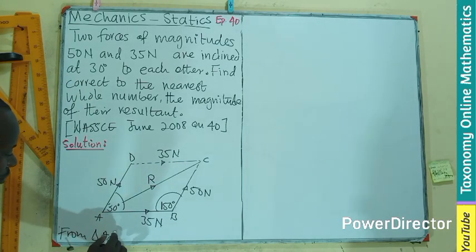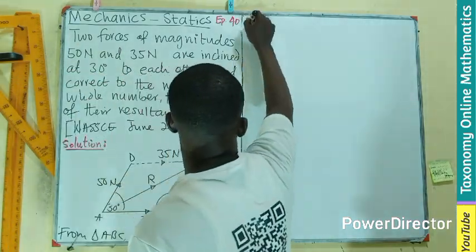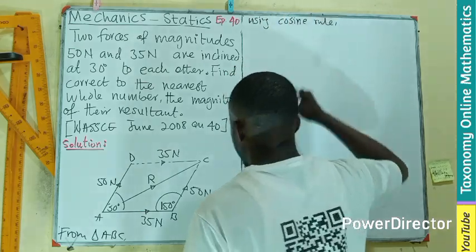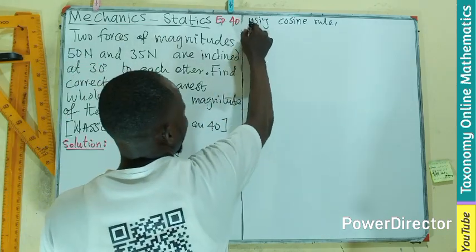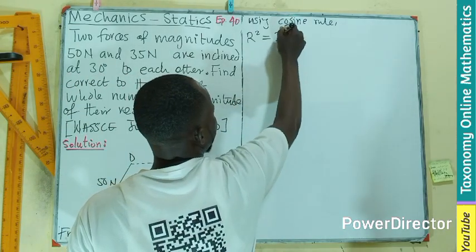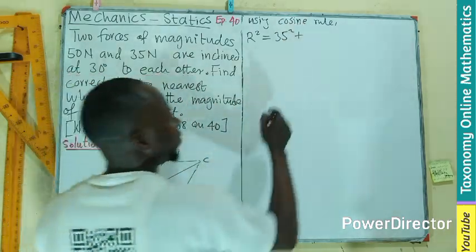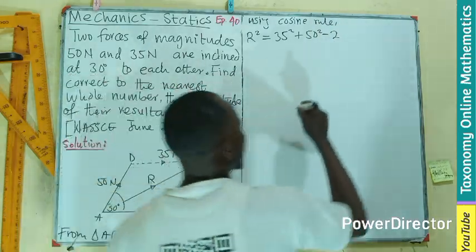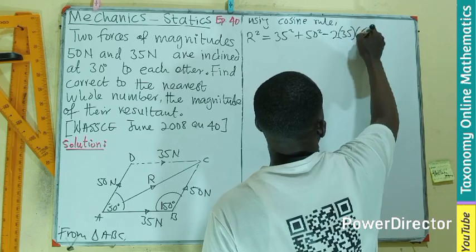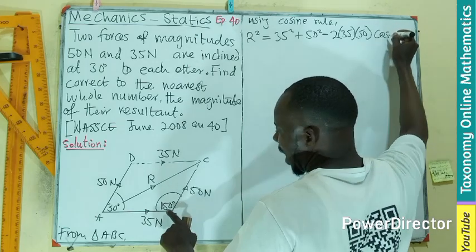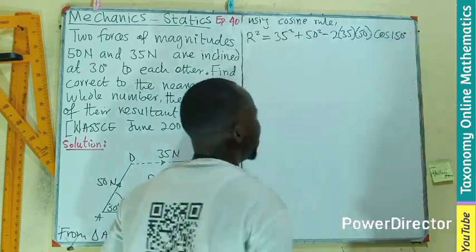So from the triangle ABC, picking only ABC, we are going to use the cosine rule. R, which is the resultant, squared equals 35 squared plus 50 squared minus 2AB, so 35 times 50, then the cos of the angle we are having here, which is 150 degrees.